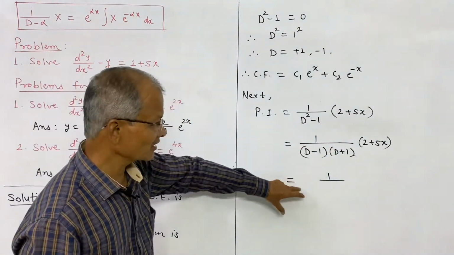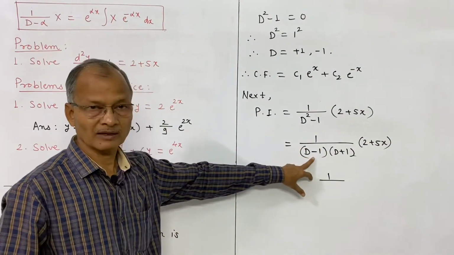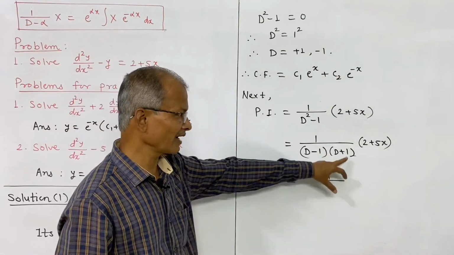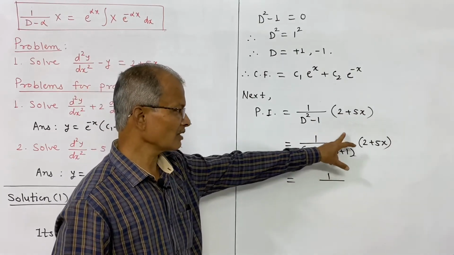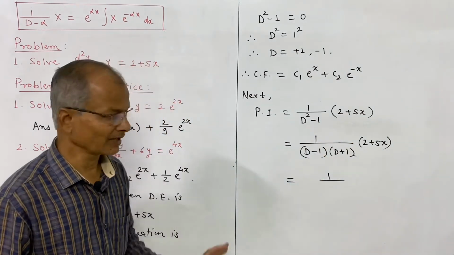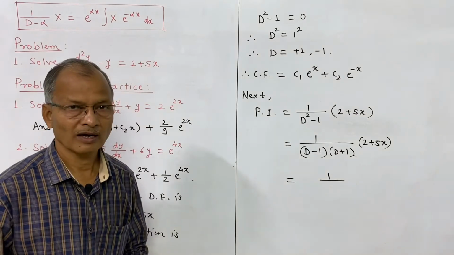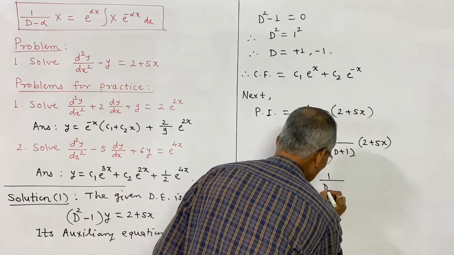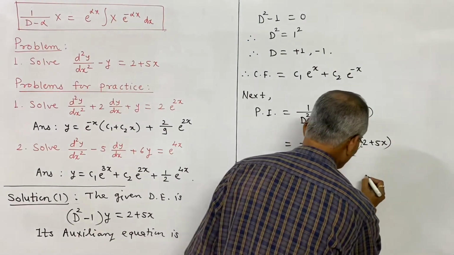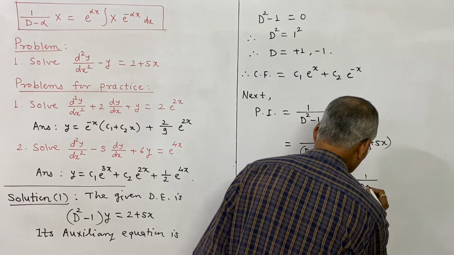Consider this and express it as a divided by d minus 1 plus b divided by d plus 1, or a1 divided by d minus 1 plus a2 divided by d plus 1, and then find the values of a1 and a2, or a and b. So I shall express this as d minus 1 and d plus 1.